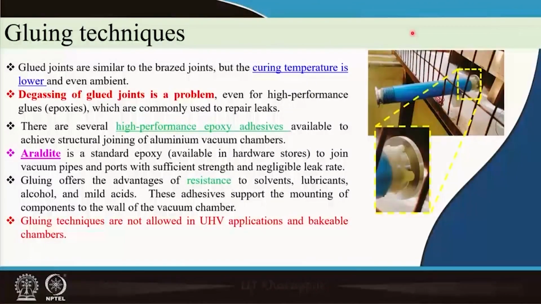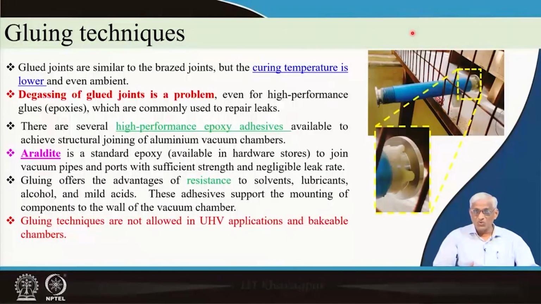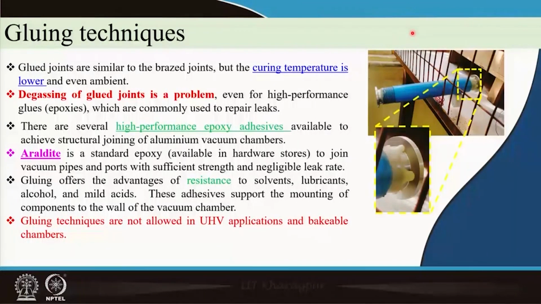Then comes gluing techniques. These are very elementary technology, like two things we join. Even in our childhood, we stick two things with a gum. Similarly, here we can join two things with a glue. There are certain standard epoxies.